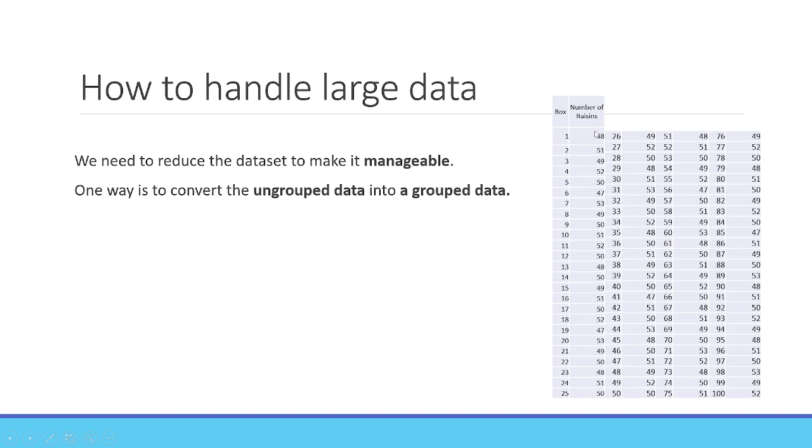Otherwise, it is very difficult to understand what this data is trying to tell us. So to handle large data and make it manageable, we need to group our data from ungrouped data. Ungrouped data is the raw data, and when we process it in some way, it becomes grouped data.